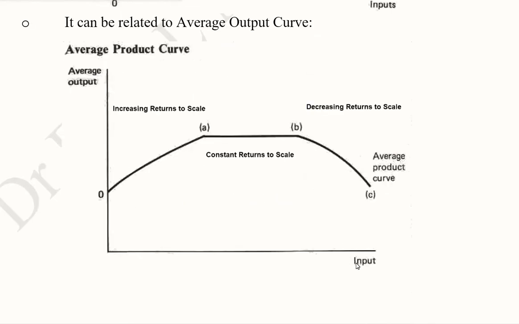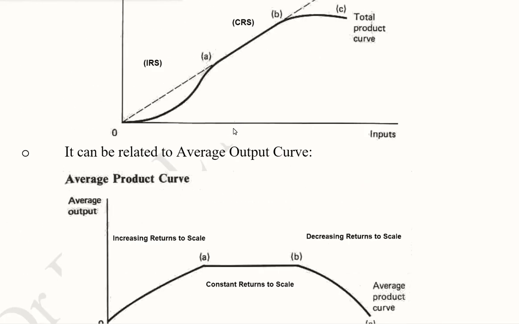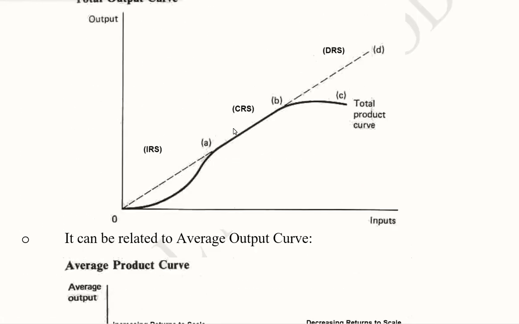Input is here again, and the output is not there, it is the average output, and we plot it as per a given table or schedule that is not seen in this video, but we can do this by making a certain table.